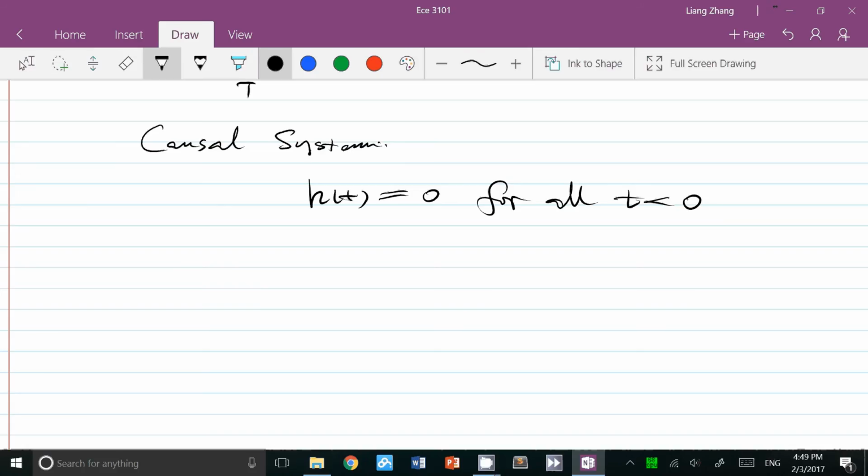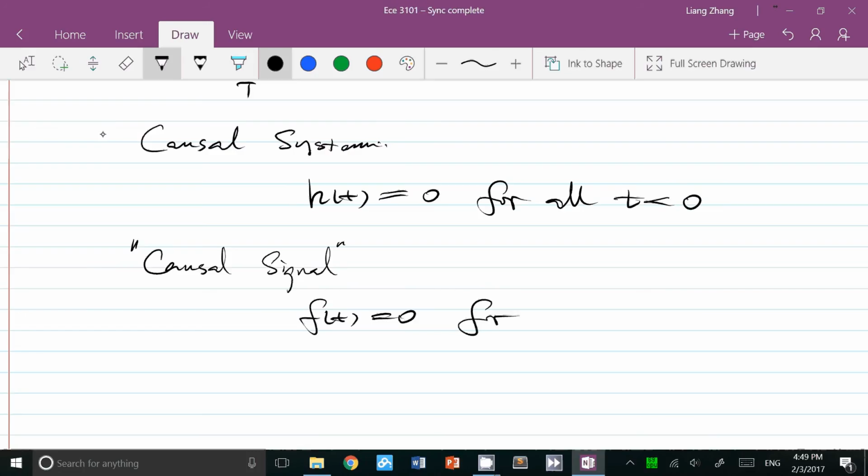U of t is a switch that turns on at time 0. Sometimes we give those signals a name, causal signal. A signal is causal if it remains 0 in the negative time.